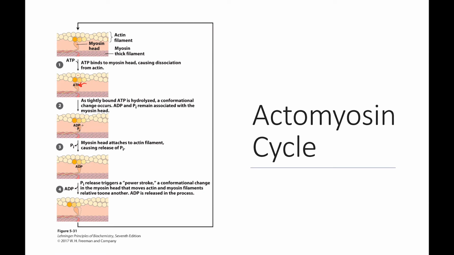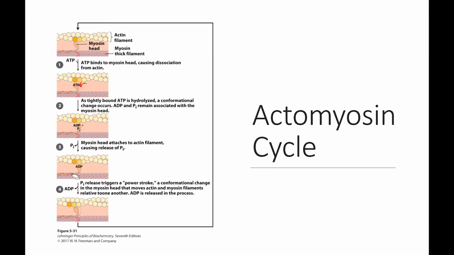But as the bound ATP is hydrolyzed, so through a chemical reaction in which ATP is broken down into ADP, the ADP and the remaining phosphate that is there then associate the myosin head with the next actin along the actin fiber.